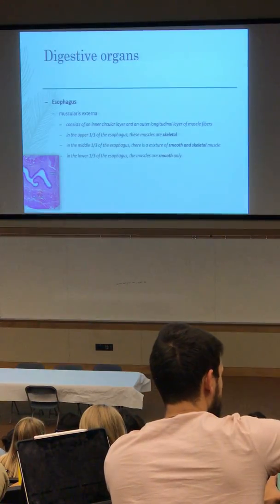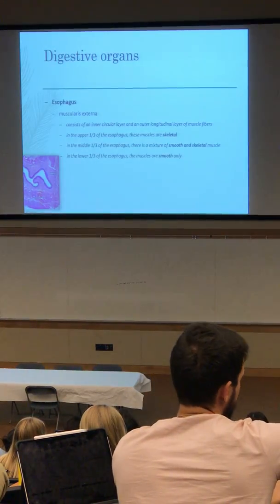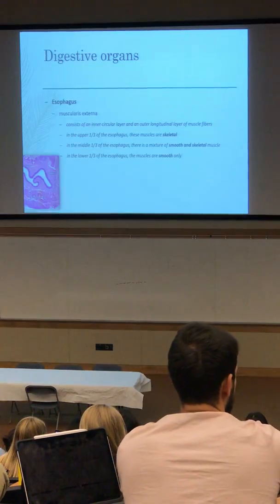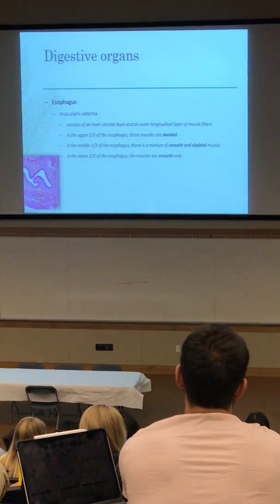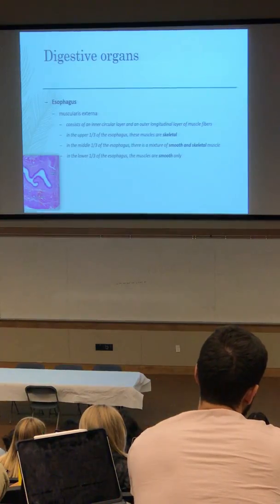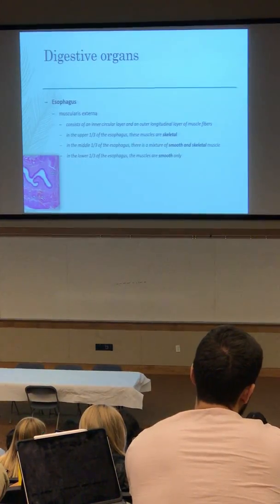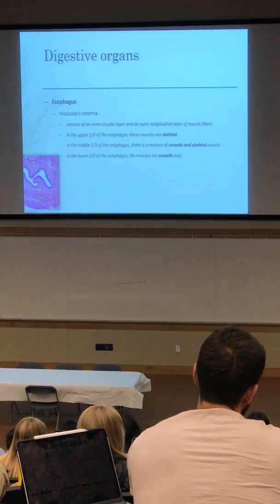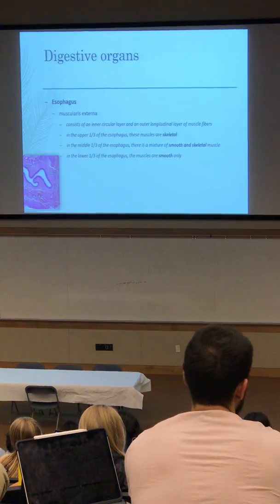And I will not ask you on the practical to identify what part of the esophagus you're in, although I could do that, but I'm not going to. It's not that hard. If you see only skeletal muscle, then you know you're in the upper third. If you see both skeletal and smooth, you know you're in the middle third. If you see only smooth, you're in the lower third. But I won't do that to you. But just be aware of that, okay?